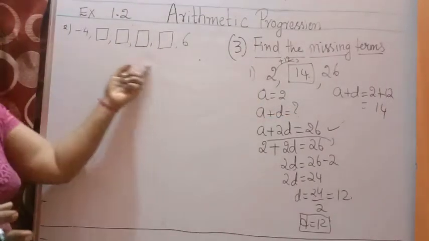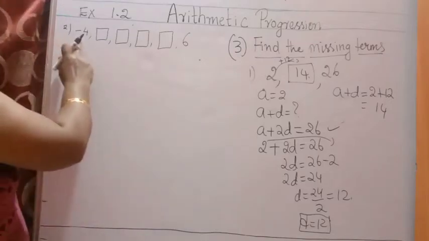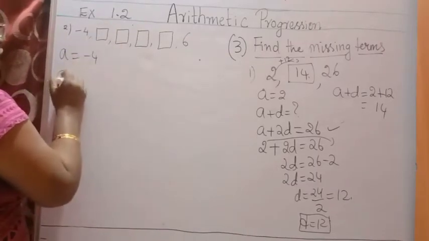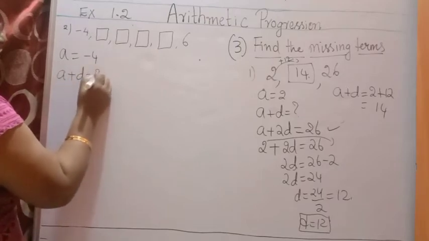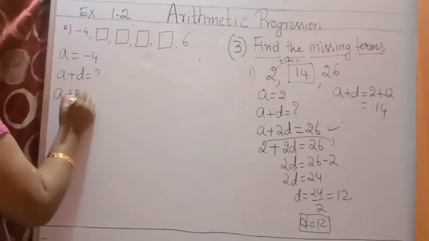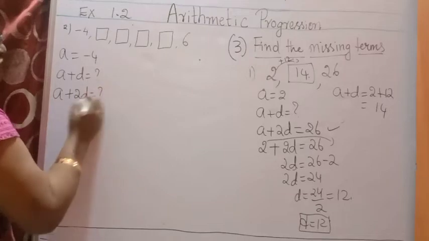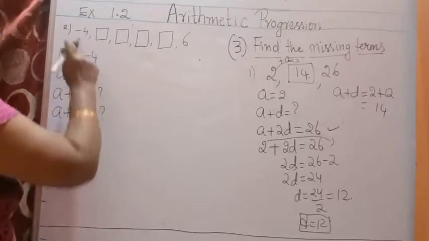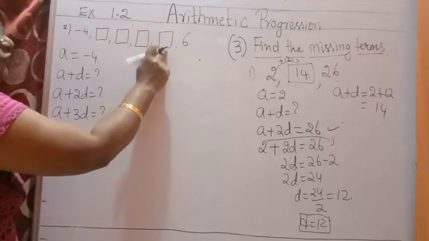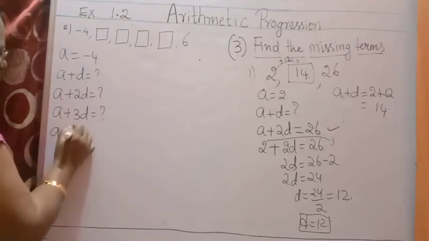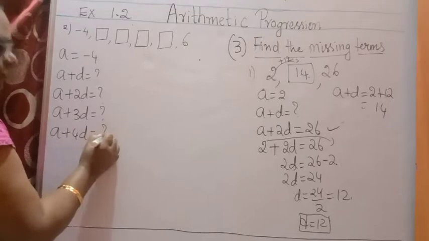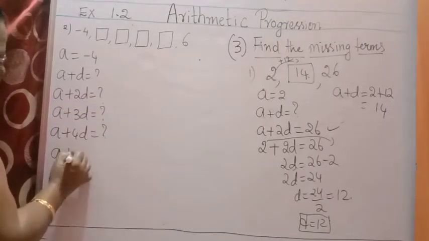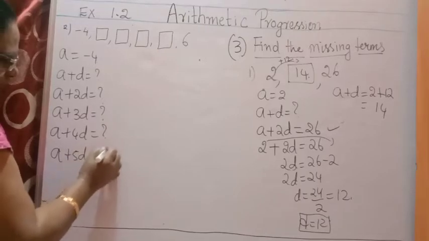Next, coming to this. Here the first term is given, A is equal to minus 4. You don't know the second term A plus D, the third term A plus 2D, the fourth term A plus 3D, the fifth term A plus 4D, question marks. But the sixth term we know: A plus 5D is equal to 6.